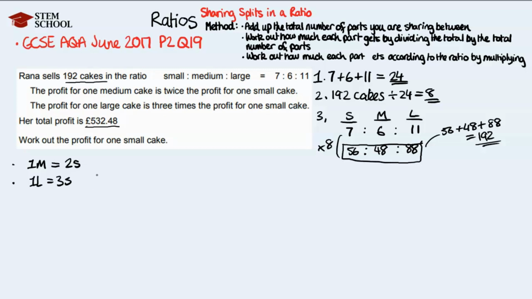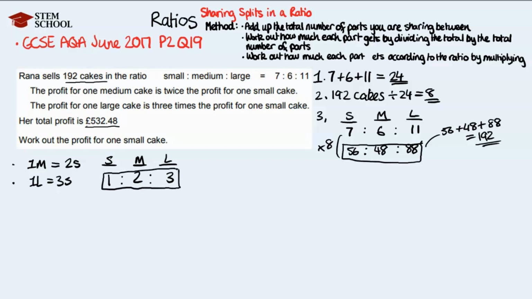Okay, so at this stage what we can do is write another ratio down talking about the profits, but now we can replace the variables medium and large with expressions of small cake. Okay, so we'll have small, we'll have medium, and then we'll have large, but we can replace them. So we've got just 1 here for our small, then we can replace medium with 2 and large with 3. So we've got a ratio talking about the profits.